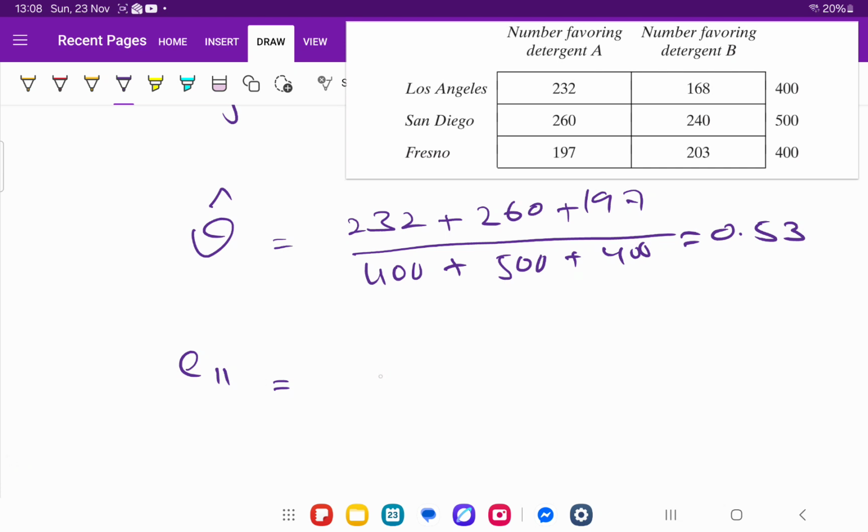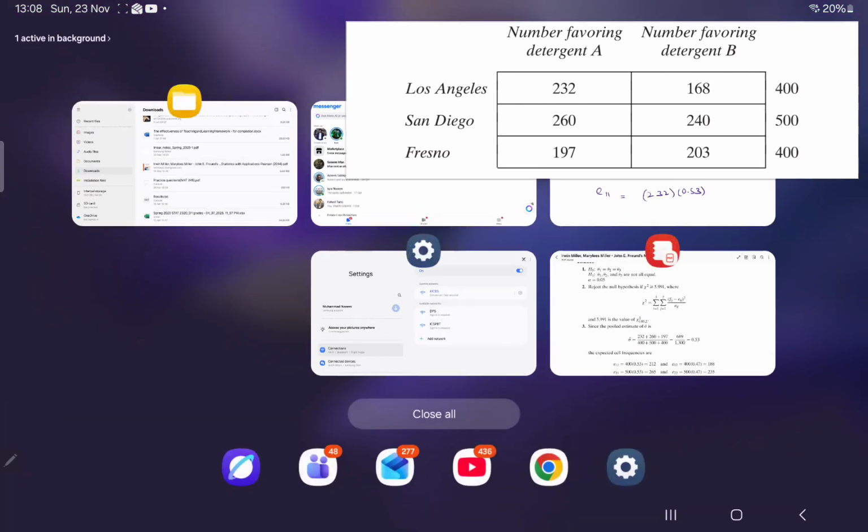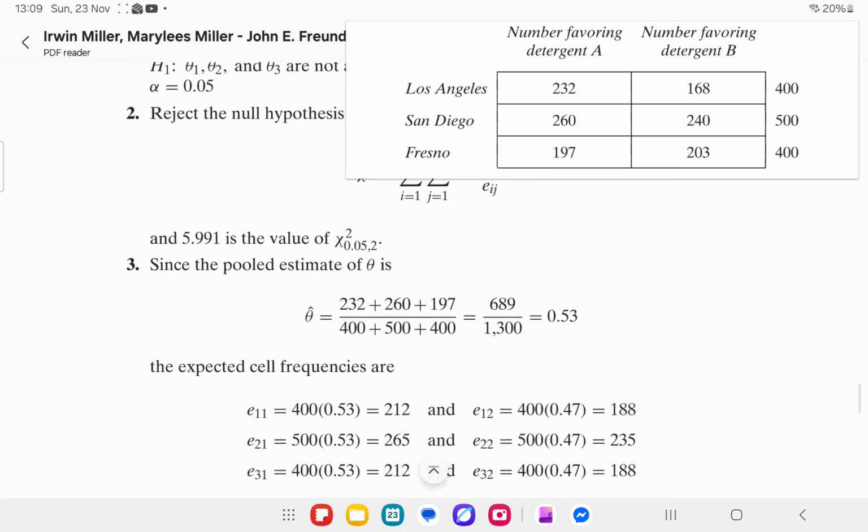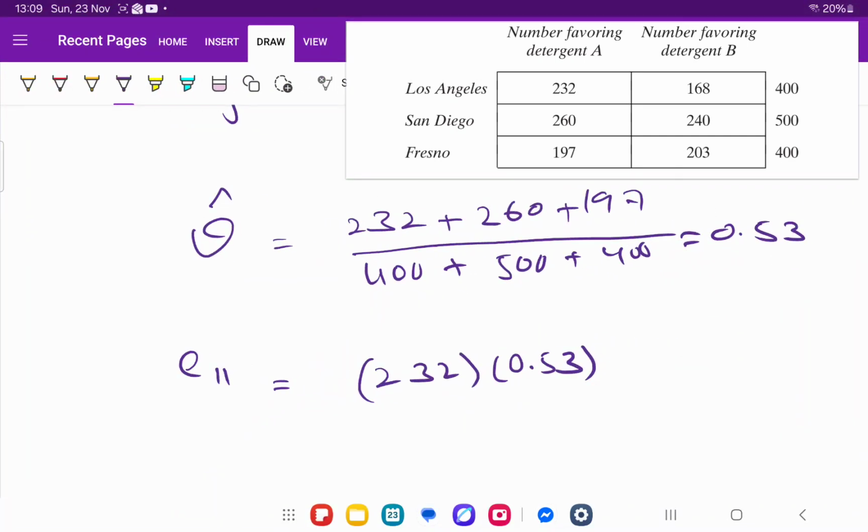So it means that 232 is multiplied by 0.353, and each proportion is multiplied by 400.